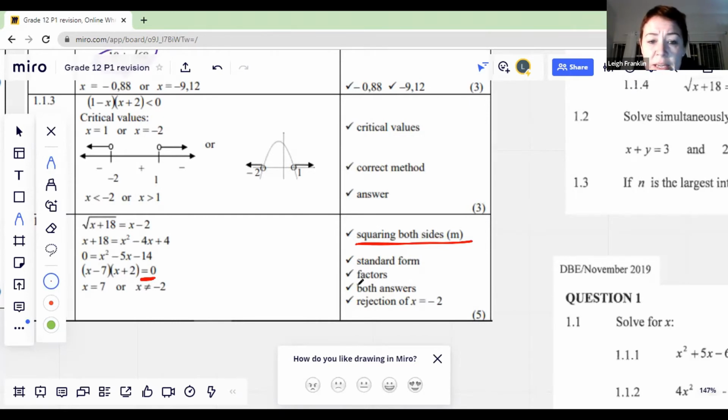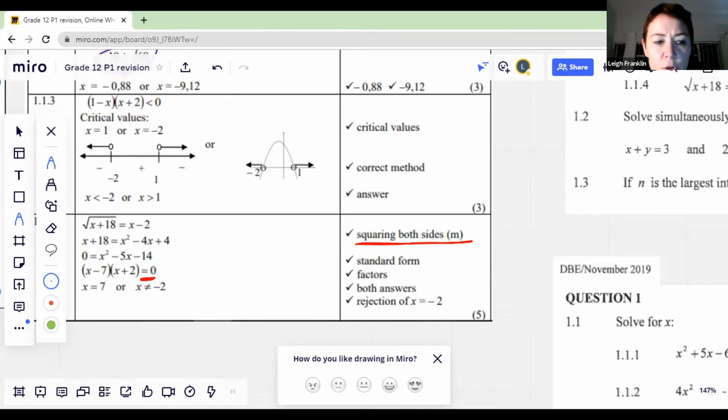And then you can see here, they've given you a mark for both answers and then an additional mark for the rejection of -2. Okay, Benedict, so maybe what you did there was just an issue with your factorizing. Did you maybe have x plus 7 and then x minus 2 in your brackets?